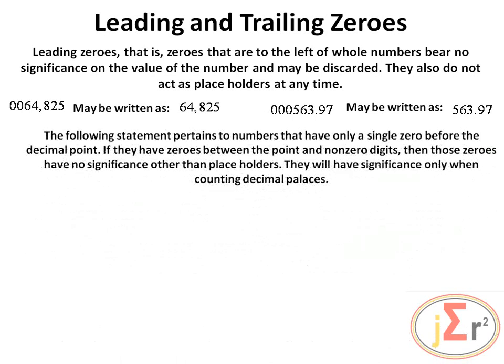The following statement pertains to numbers that have only a single zero before the decimal point. If they have zeros between the point and the non-zero digits, then those zeros have no significance other than as placeholders. They will have significance only when counting the number of decimal places. So let us look at those numbers.